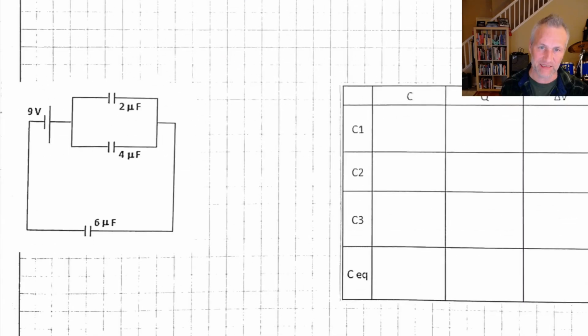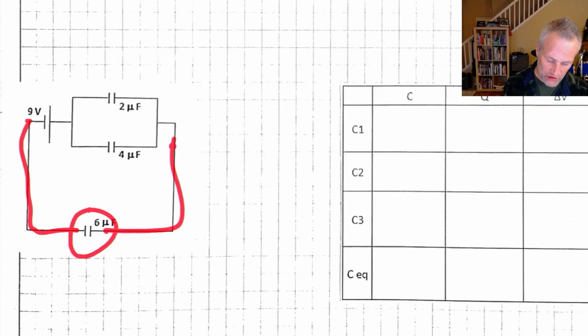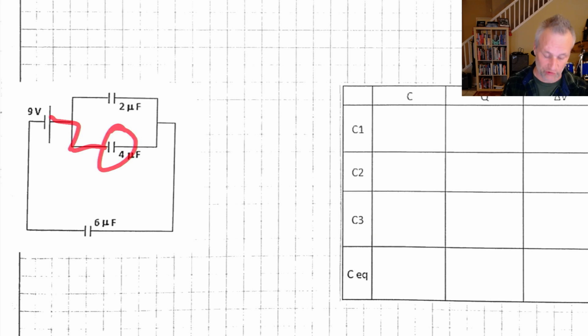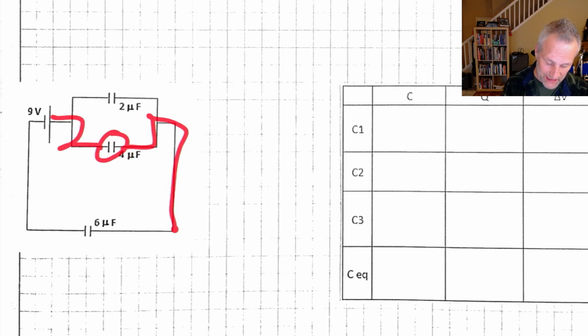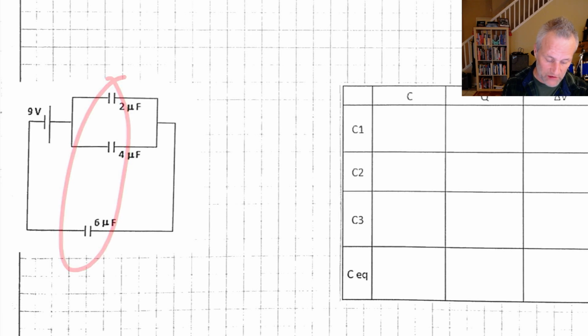That's not the case down here. This capacitor is not connected straight back to the battery. This one is connected straight to one side of the battery, but this is not connected straight to the other side of the battery. So none of these capacitors are going to be at 9 volts.